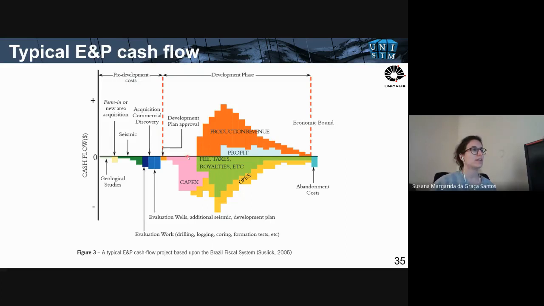And then at some point in time, you start having profit, when your revenues surpass all your expenses. And then you have at the end the abandonment. This is a typical E&P cash flow. It's always good to have it in mind, so you can understand that everything we do has a cost.